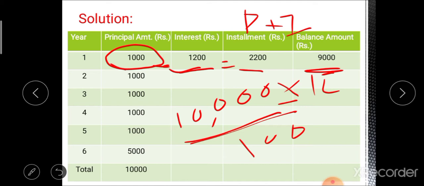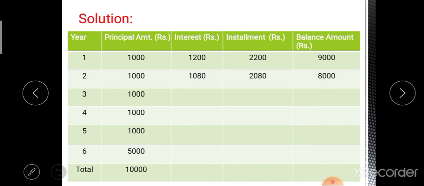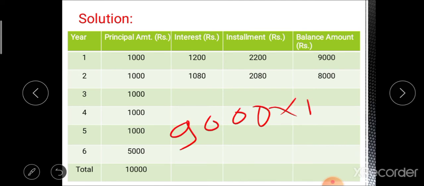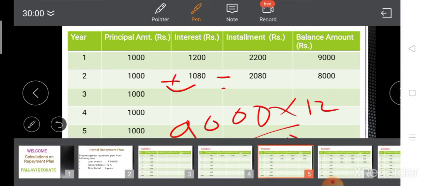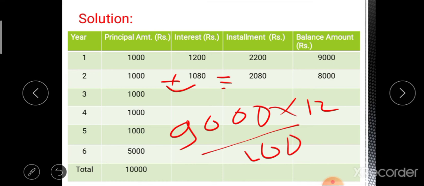Next, for the second year, similarly, calculate the interest on the first year's balance amount, that is 9,000. So 9,000 into 12 divided by 100, we get the interest of the second year. Then the installment amount for the second year: principal plus interest is equal to the installment for the second year.